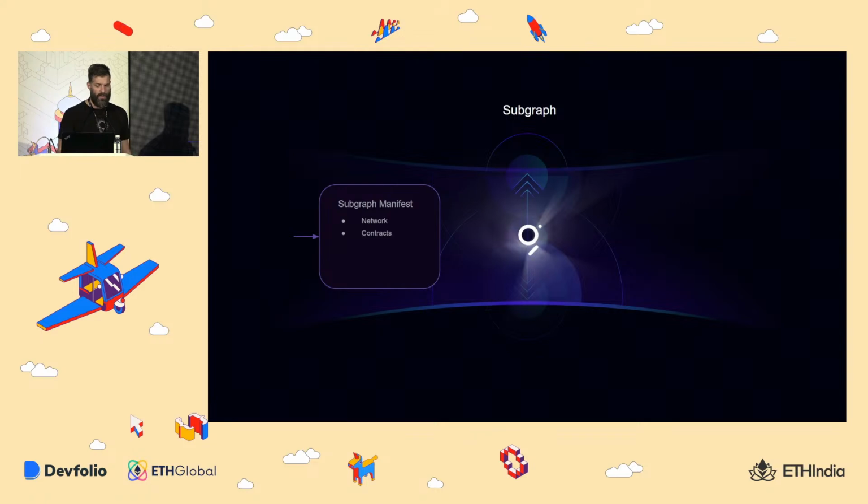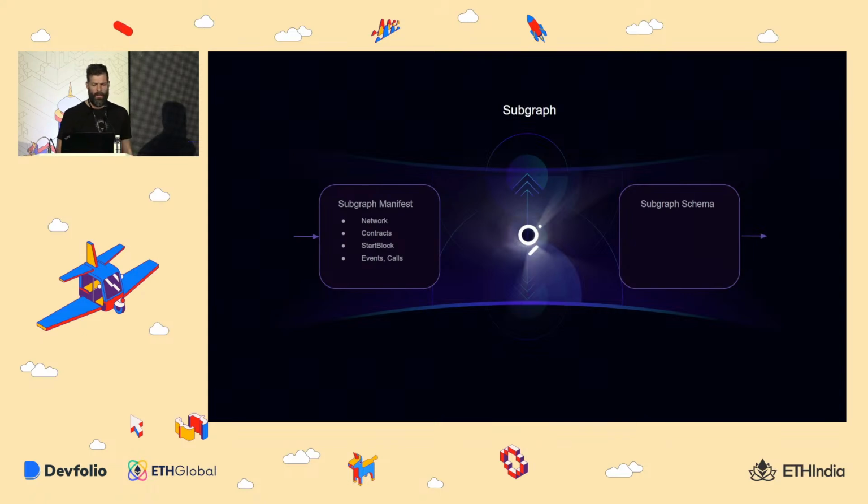Here you define the network, the contracts, the start block that you want to start indexing from, and any events and calls. You can also have cron jobs running every X blocks. All of that will be defined in the subgraph manifest.